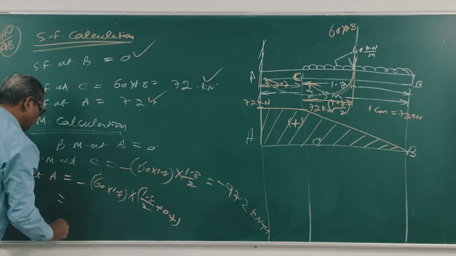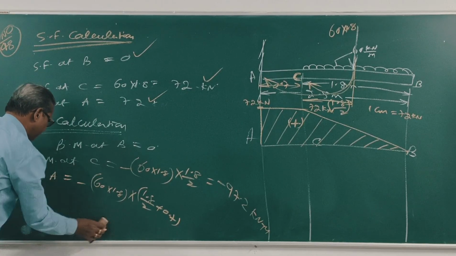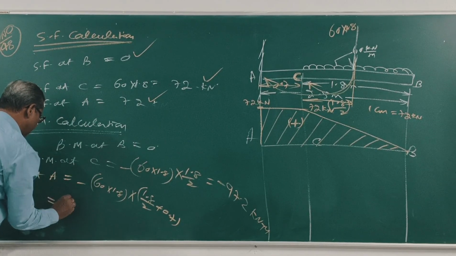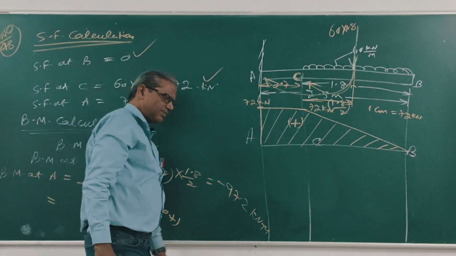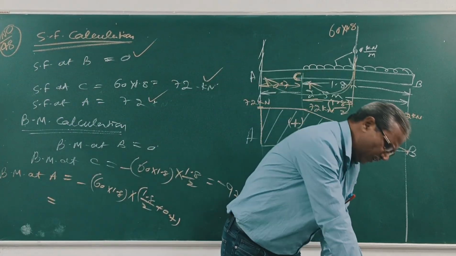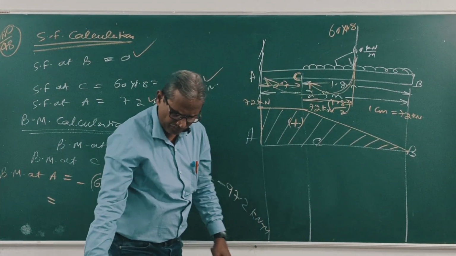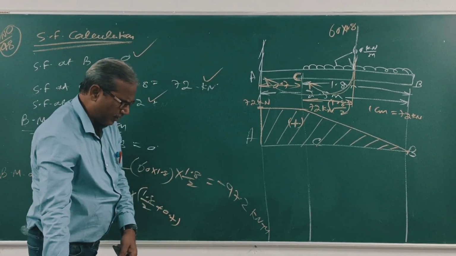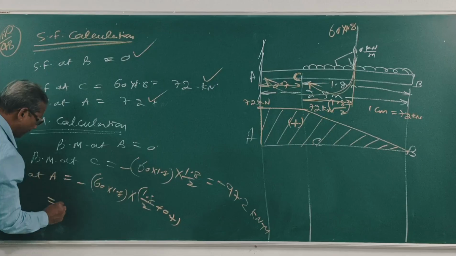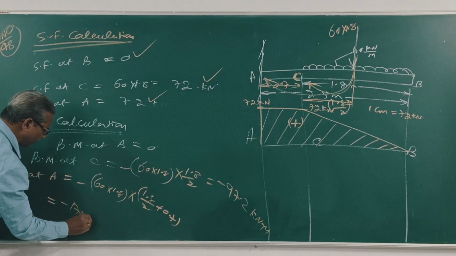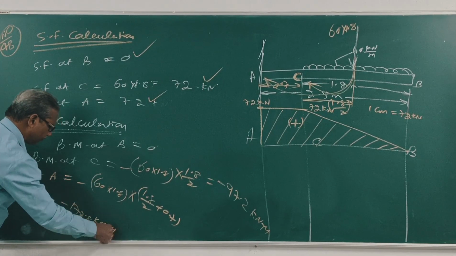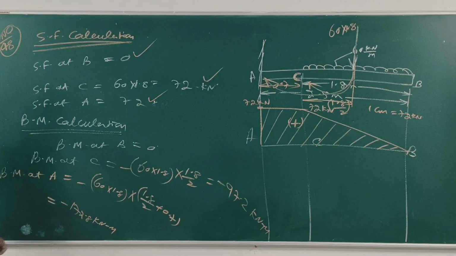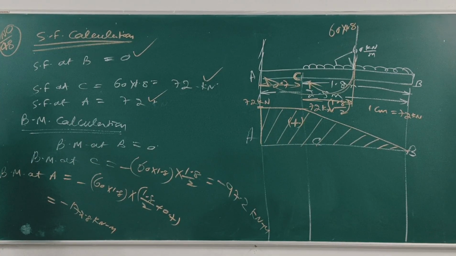Clear? The bending moment at A, MA, this value is minus 172.8 kilonewton meter. Clear? You use a calculator and find this value. Now draw the bending moment diagram.